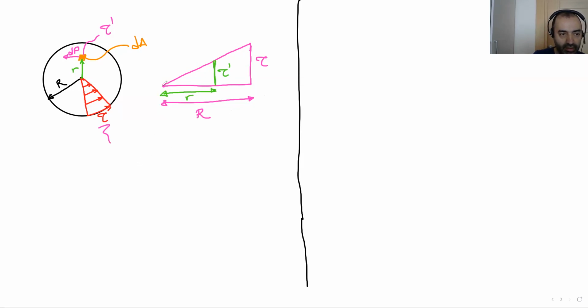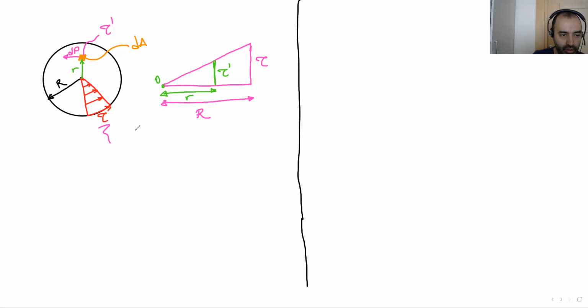So this is the center, 0 point. So in between these two, tau and tau prime, we can easily write the similar triangle equation.